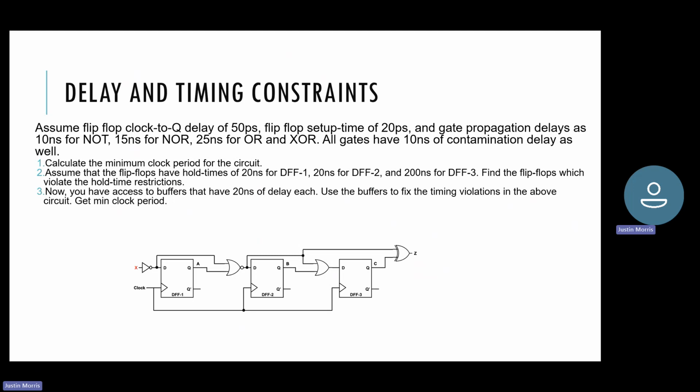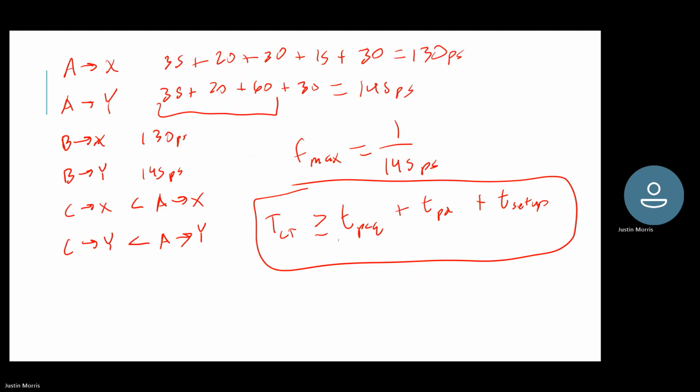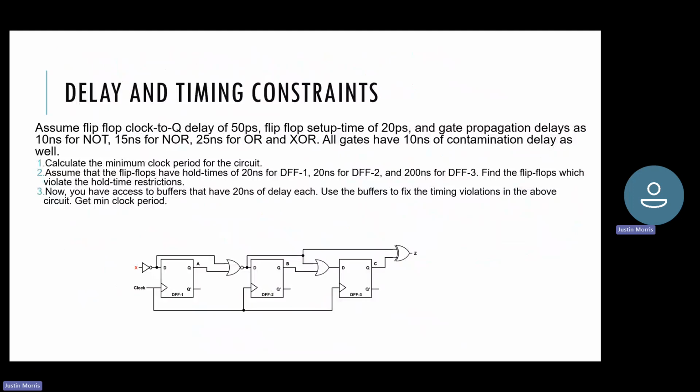That's tolerable then? Did I write it wrong? No, clock skew still needs to be less than 40. They're both less than. One is just less than or equal to. Okay, got it. So really the bound is the 40 to have no violations.